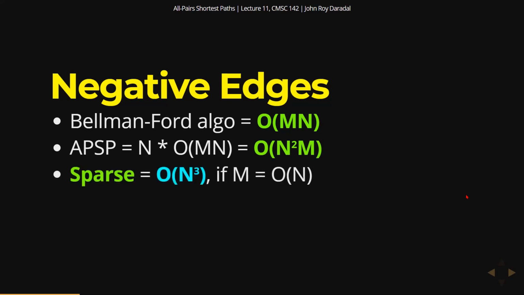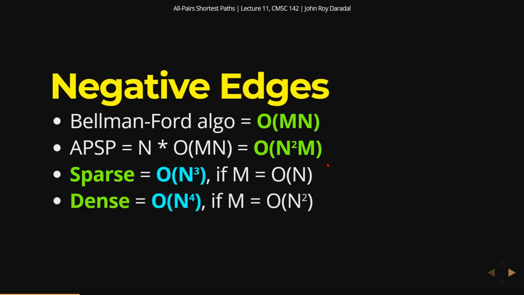Now, if you had a sparse graph where m is O of n, this m would become n, so this will be O of n cubed running time if it's a sparse graph. But if it's a dense graph where m is O of n squared, that would be n squared times n squared, so running Bellman-Ford n times on a dense graph would take O of n to the fourth power. Okay? So, it would also take a longer time.